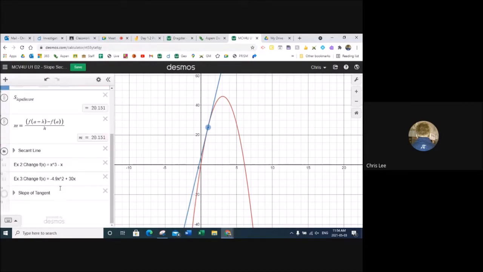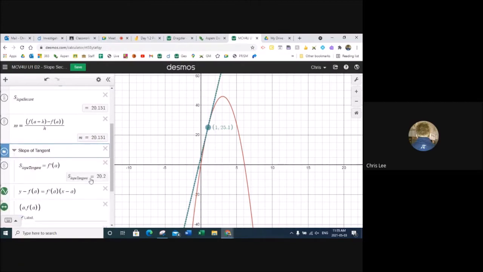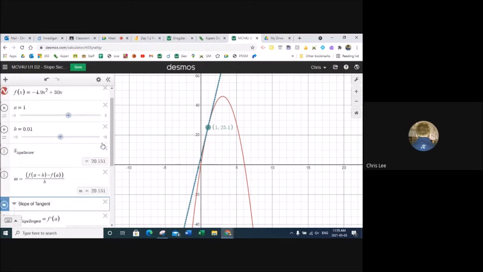Let's actually find out. So I'll turn on the tangent. And it turns out that the slope of the tangent is 20.2. So it's actually getting closer and closer to 20.2. Let's go back and increase my h value. So you can see, actually, I should have noticed this. The numbers are actually getting steeper, which makes sense.